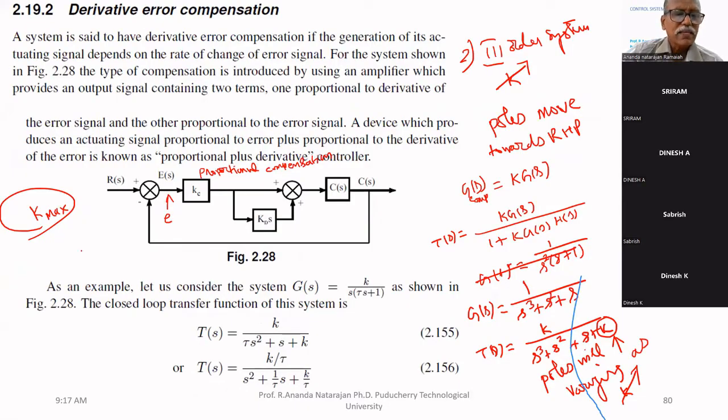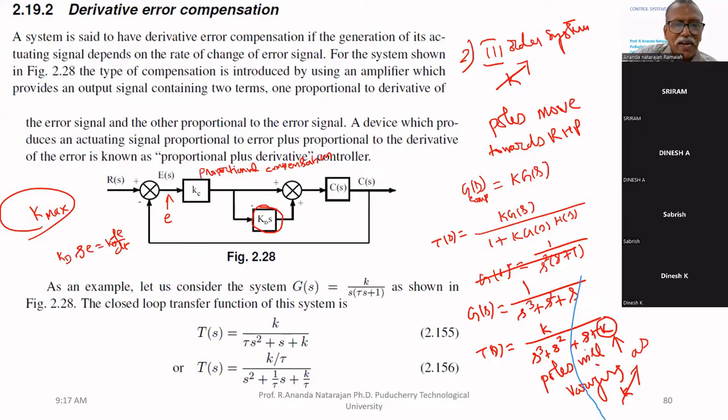If you multiply E by S, it means d by dt. If you multiply d by dt by some gain Kd, that is called Kd d by dt. That is given by this KDS. S means differentiation. The error is multiplied by derivative.